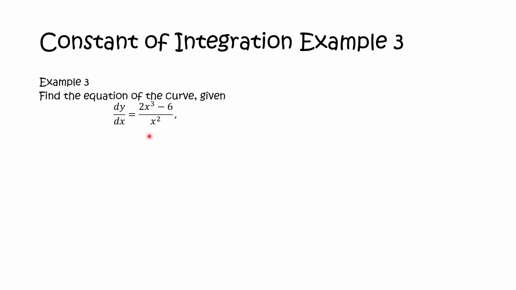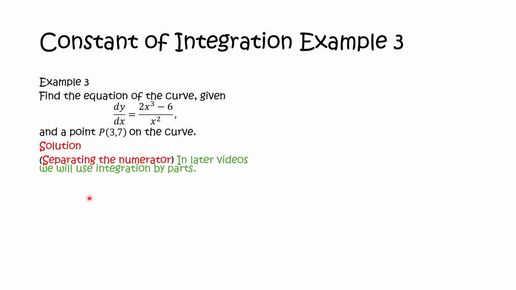So with example 3, we have find the equation of the curve given dy dx is equal to 2x cubed minus 6 divided by x squared and a point P 3, 7 on the curve. So now we separate the numerator because it's easier to do so at this moment. But of course, later on, we would learn about how to use integration by parts.